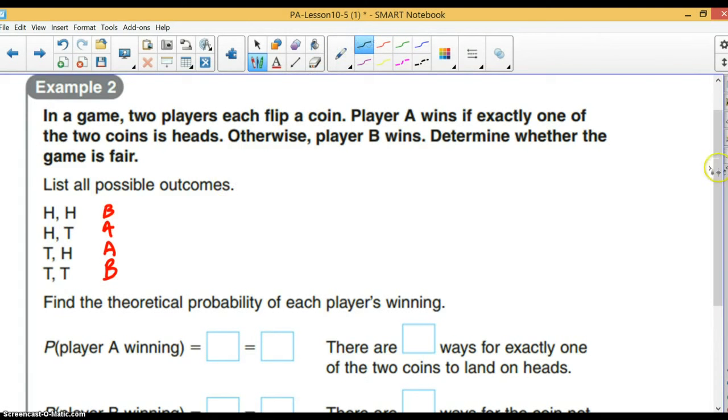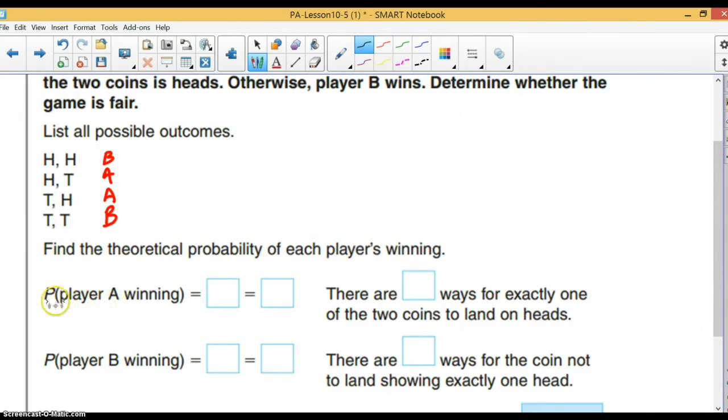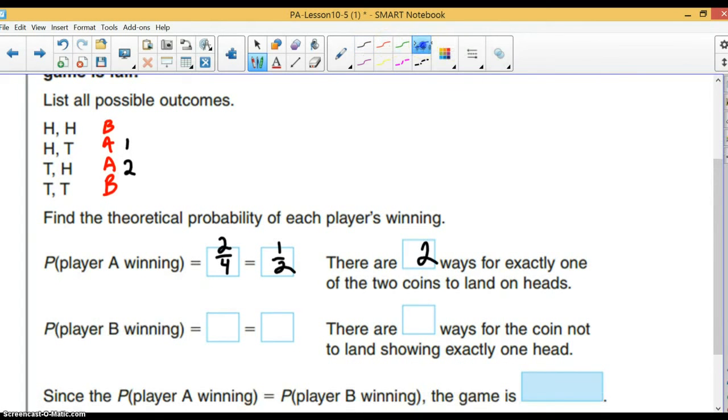So when we look at player A winning, the probability of player A, we count how many times they won. 1, 2. And that is out of a total of 4 different outcomes. So 2 out of 4 equals 1/2. And there are exactly 2 ways for exactly one of the 2 coins to land on heads. Now for player B to win, we do the same thing. They have 2 ways of winning out of 4 possible.